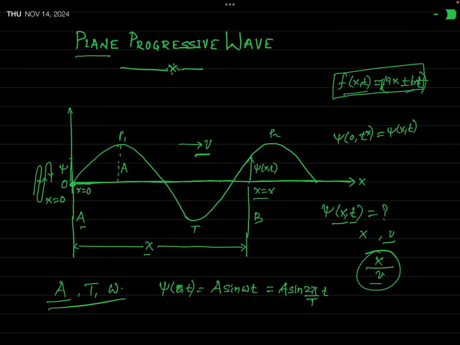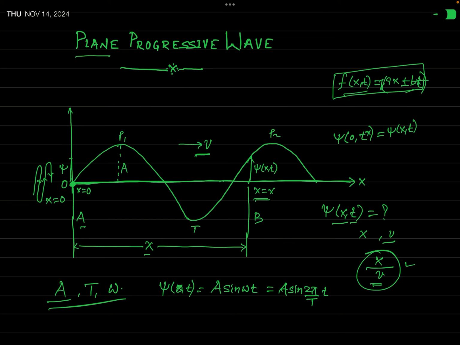If you consider that the disturbance is at time t at this position x, can you say when this was at the position x equal to 0? You can easily say, since the disturbance takes time x by v in moving from x equal to 0 to x equal to x, if it is at position x at time t, then it was at x equal to 0 x by v earlier.